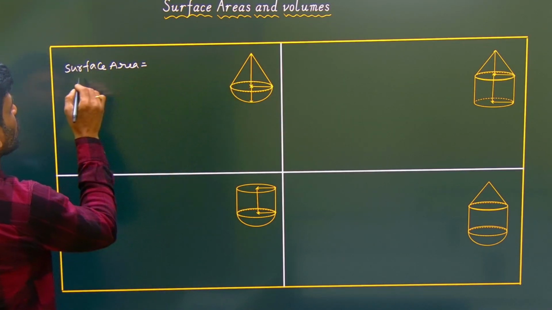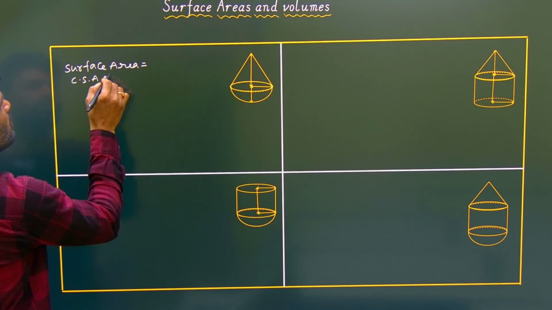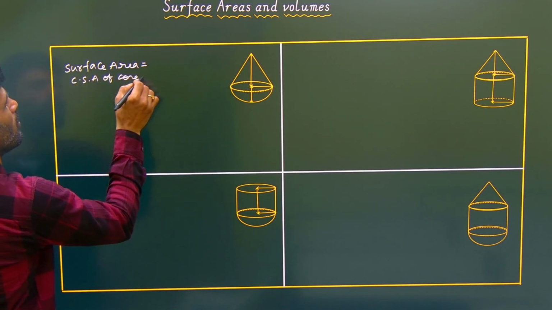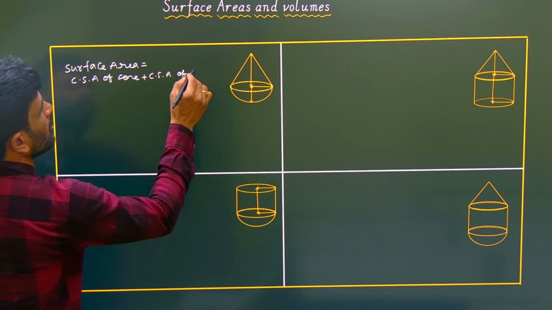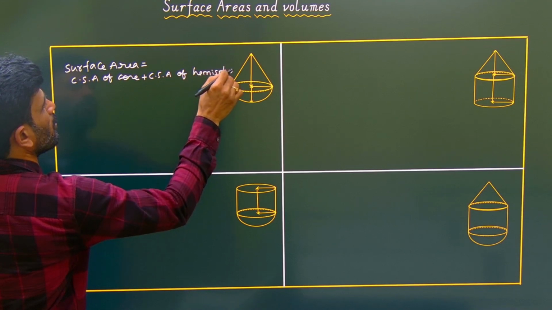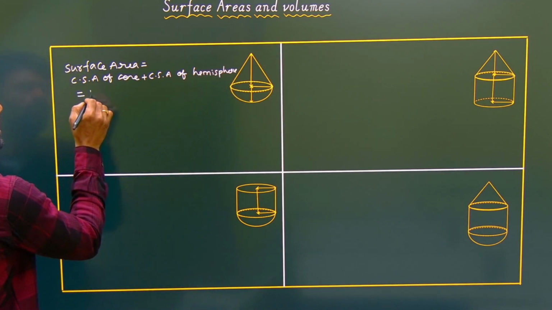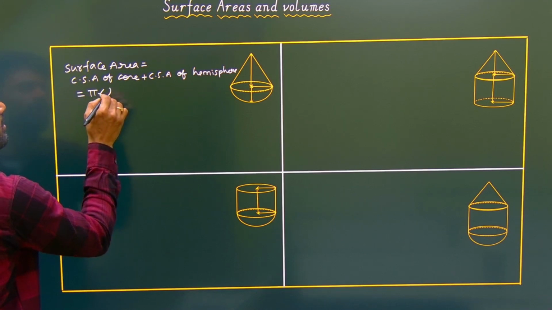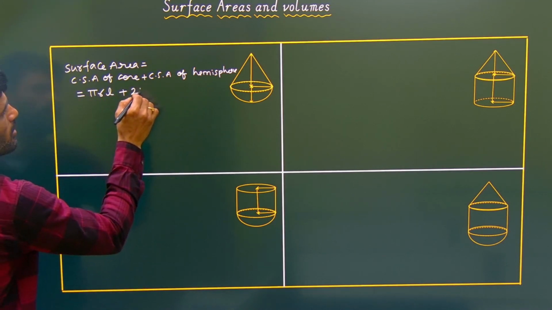Surface area of this solid will be equal to CSA of cone plus CSA of hemisphere. So what is CSA of cone? Pi r L. Before we have seen pi r L, and CSA of hemisphere is what? 2 pi r square.